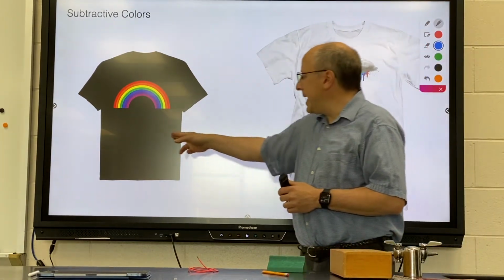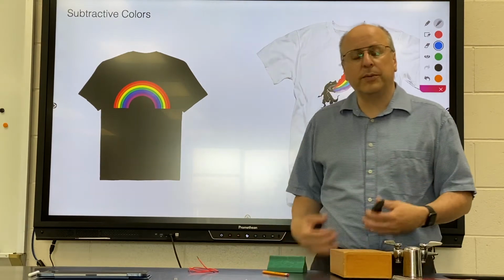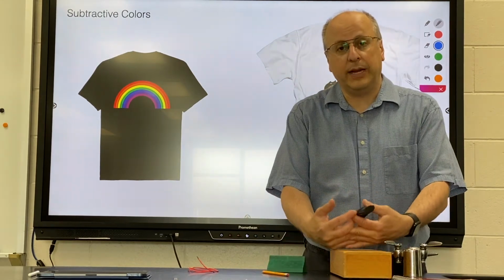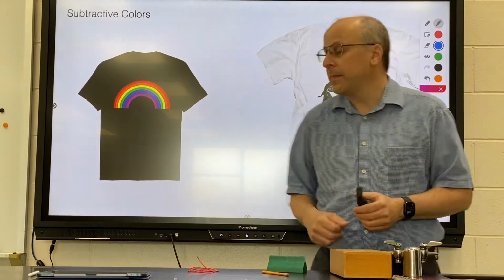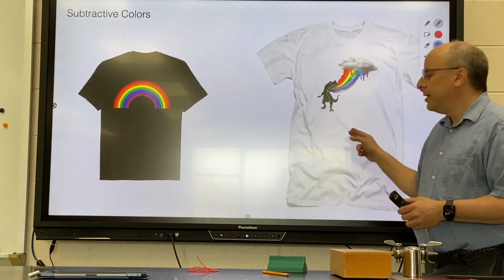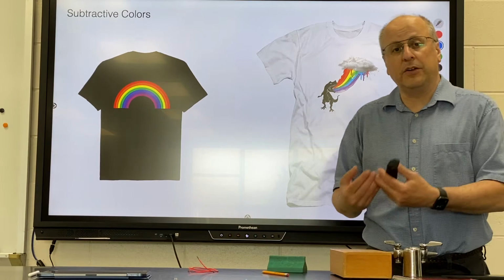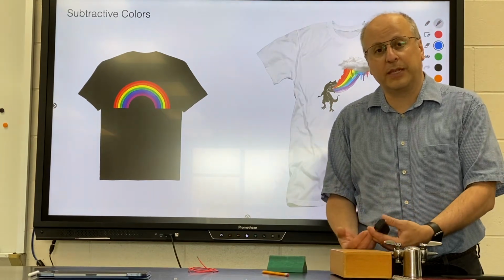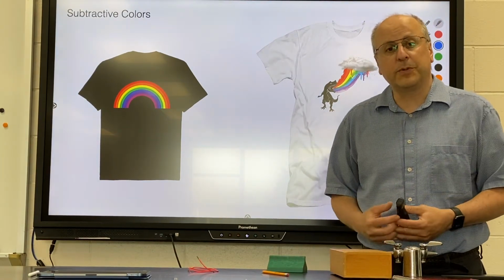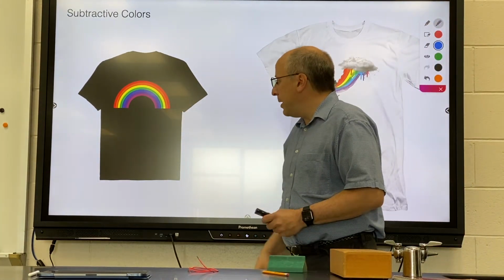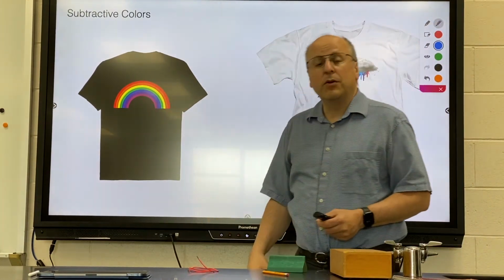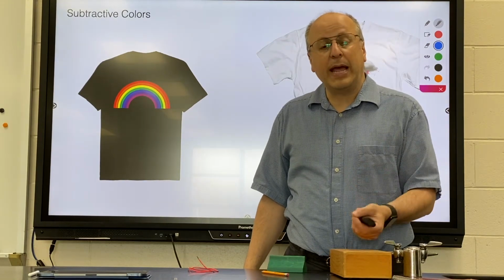So if you have a black shirt, that black shirt would be absorbing red, green, and blue, leaving no colors to reflect off. If you have a white shirt, this would be reflecting 100% red, 100% blue, and 100% green to make white. Then when you see the rainbow, the area that's red would obviously be reflecting red.